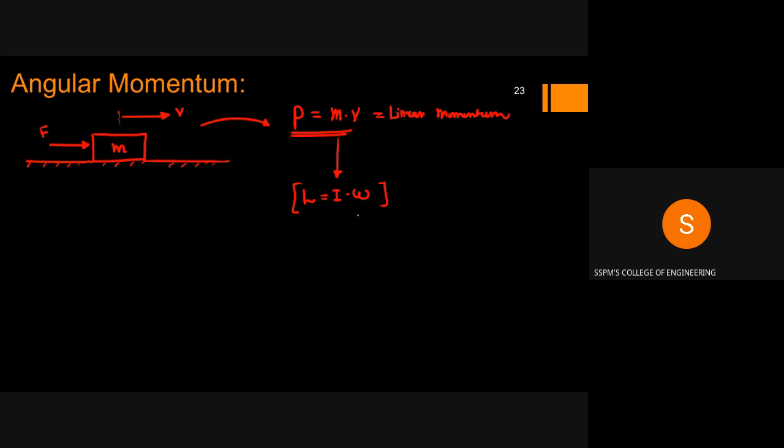So L is equal to I into omega. So this is the formula for the angular momentum. These are all basic concepts that you should know to solve the objective questions.